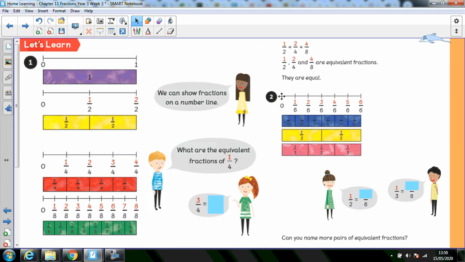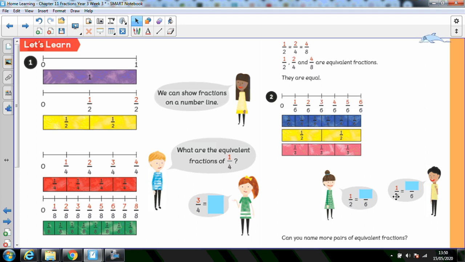The second part, we can see here that we've got sixths on a number line. And it's Emma this time, asking what 1 half is equal to in sixths. And I can look at 1 half and I can see that's equal to, that's right, 3 sixths.